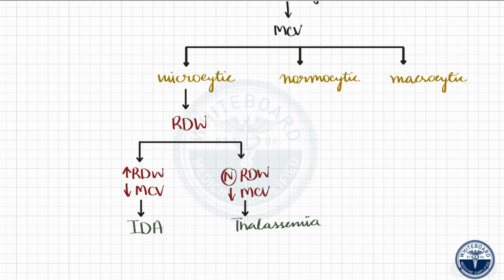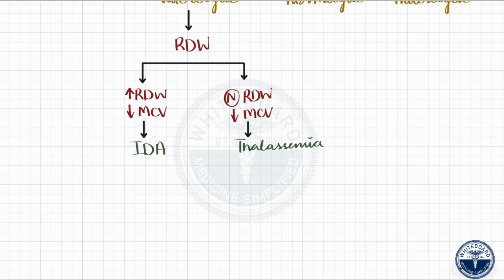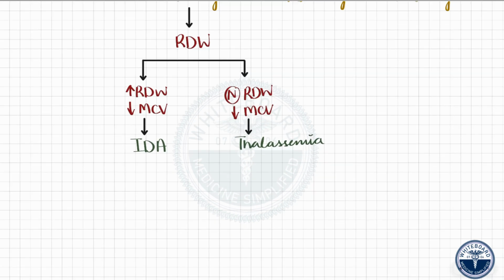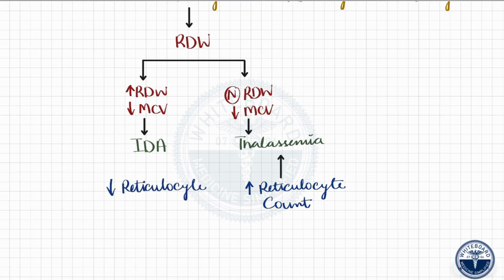If we want to further narrow down the diagnosis between iron deficiency anemia and thalassemia, the reticulocyte count can also be helpful. An increased reticulocyte count points more toward thalassemia, where the bone marrow is usually active and trying to compensate. In contrast, a low reticulocyte count favors iron deficiency anemia.